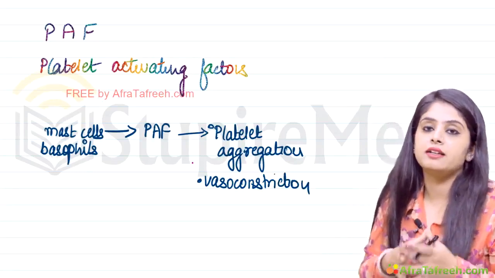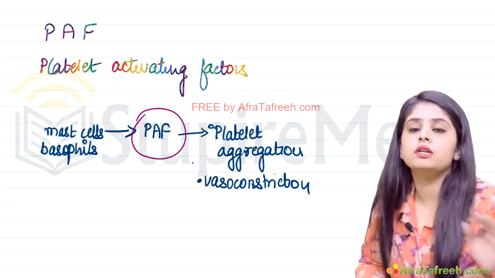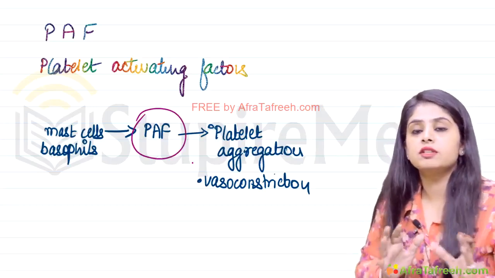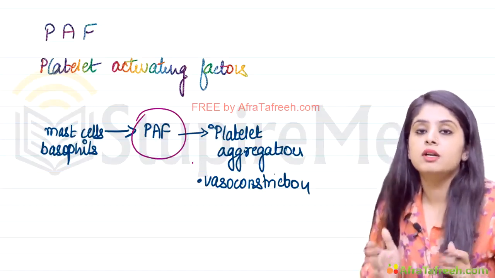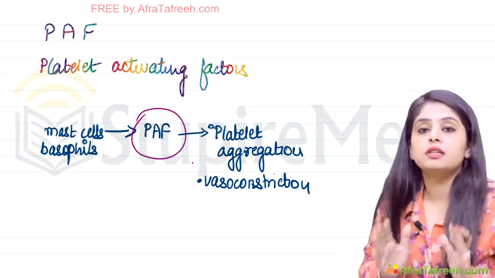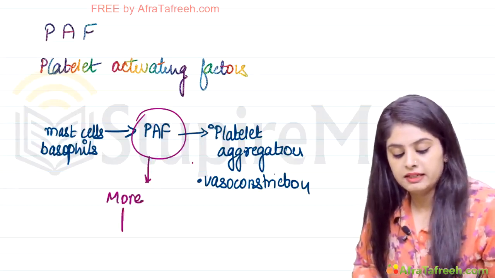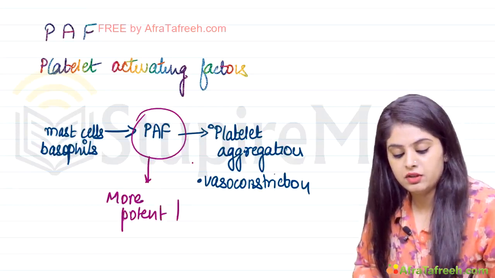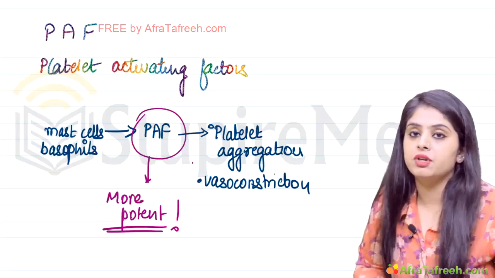Remember, this is one of the most potent mediators we have. If you've considered histamine as the prototype, and mostly everywhere histamine comes into role, platelet activating factor is approximately 1000 times more potent than histamine. This is one of the most potent inflammatory mediators that we have in our body.